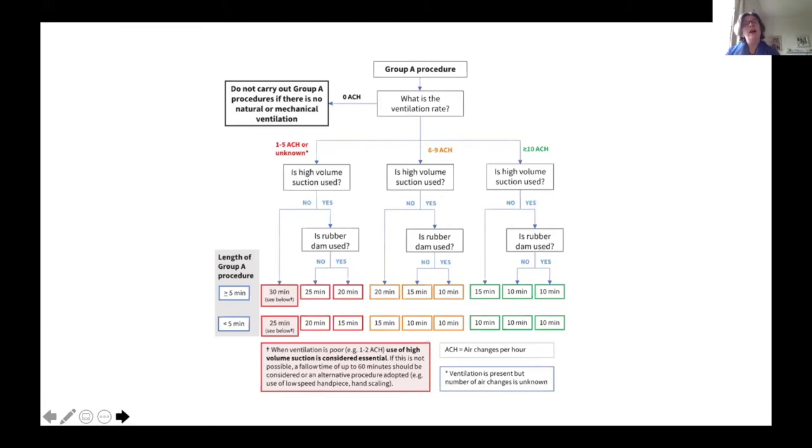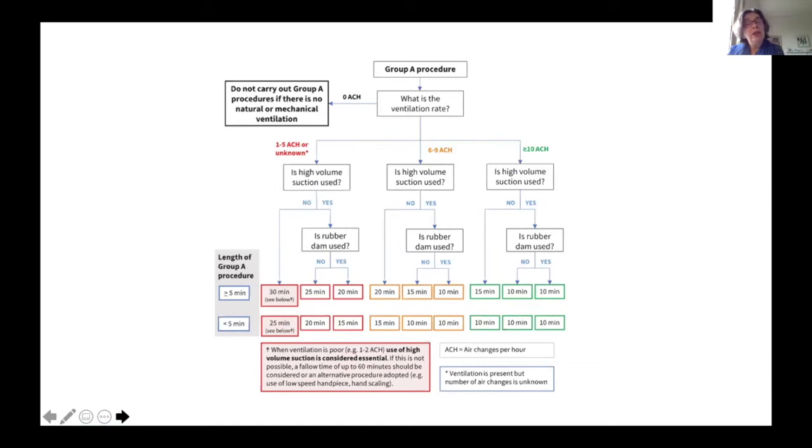And then you would consider the number of air changes. And the question would be whether or not you use high volume suction and rubber dam. And certainly the evidence from the Cochrane systematic reviews for high volume suction and the rubber dam is clear.